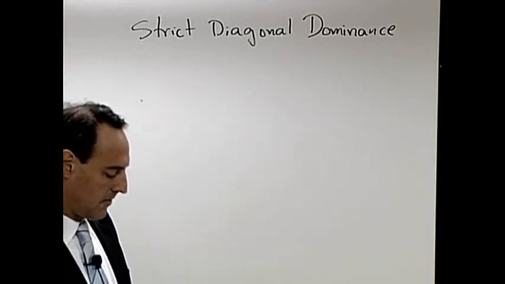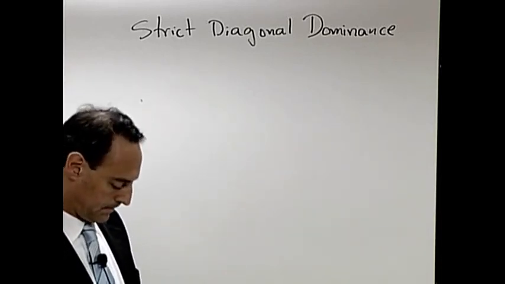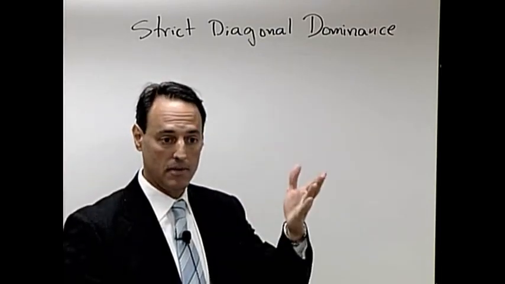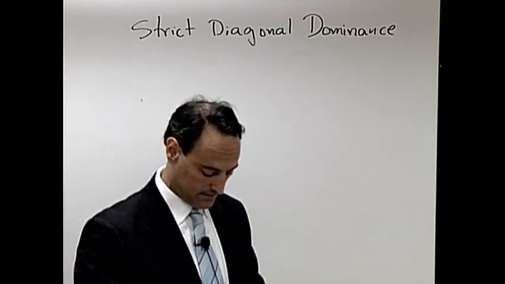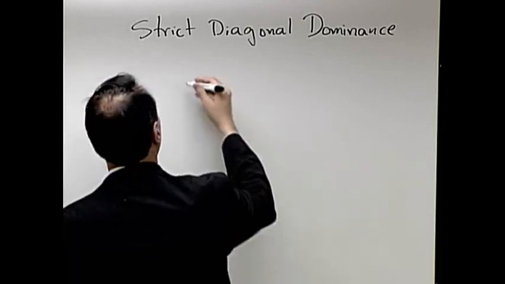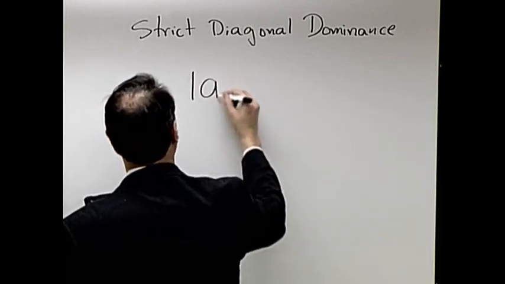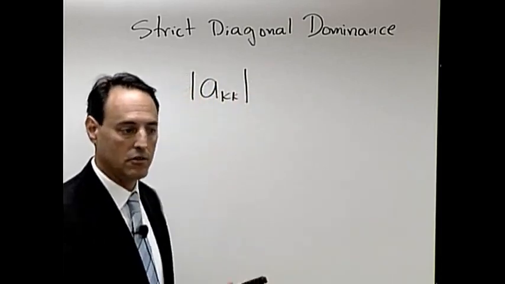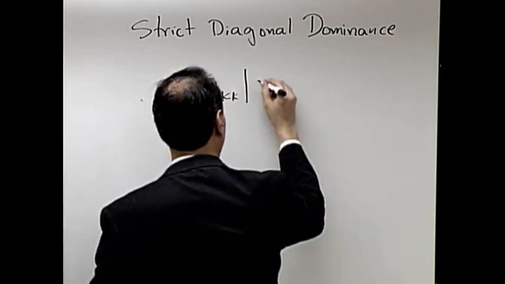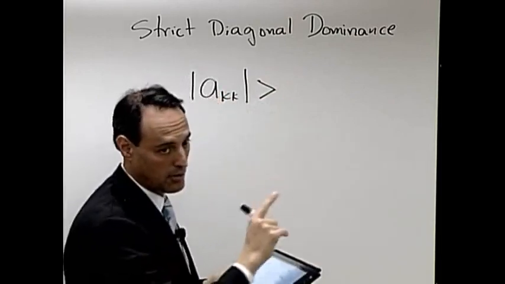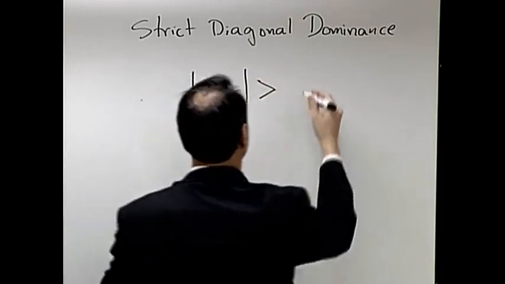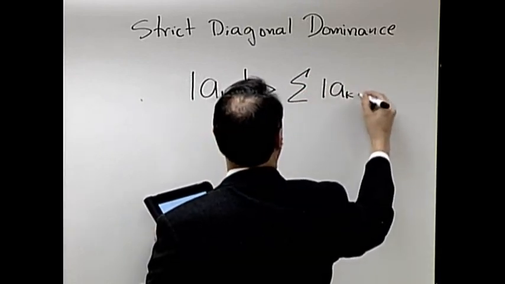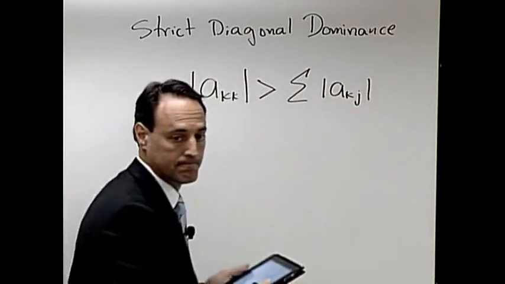So let me define it for you. A matrix A is strictly diagonal dominant if the absolute value of every diagonal term is greater than, not greater than or equal to, but greater than the sum of the rest of the terms in that row.